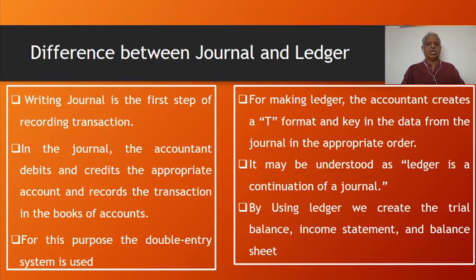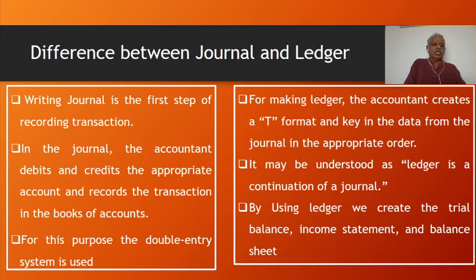Any event that has a financial impact, we call it as a transaction, and in journal only transactions will be recorded. In the journal, the accountant debits and credits the appropriate account and records the transactions in the books of accounts.